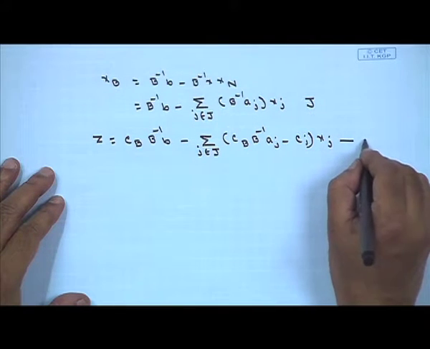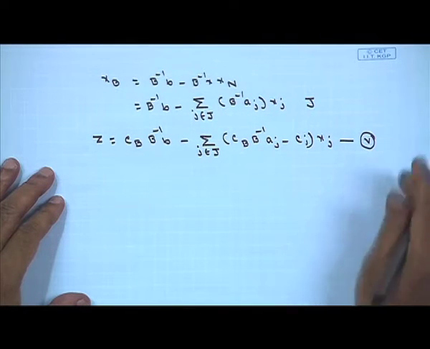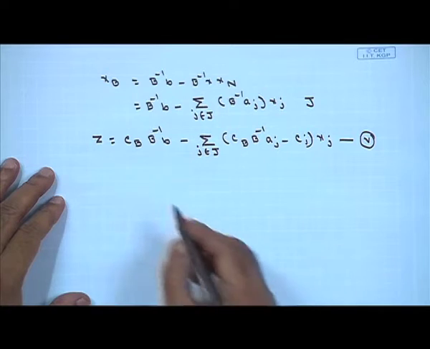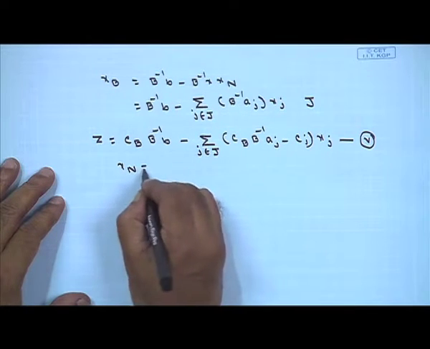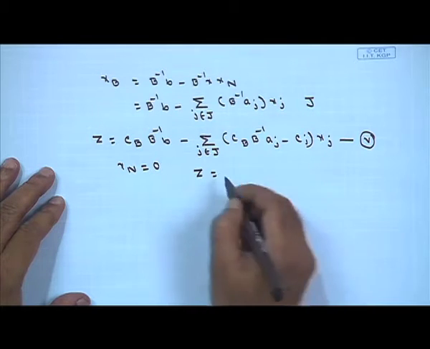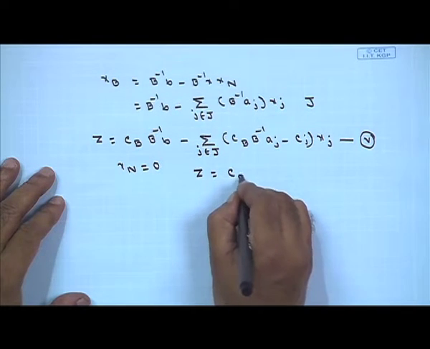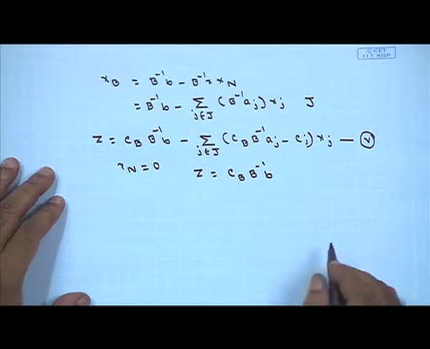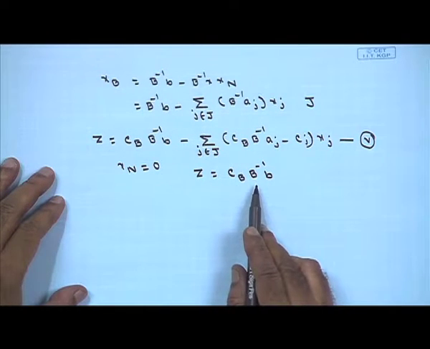This is our equation number 5. For basic solution obviously we know that your x n should be 0. For basic solution always x n should be 0, so that you can obtain Z equals C b B inverse B.